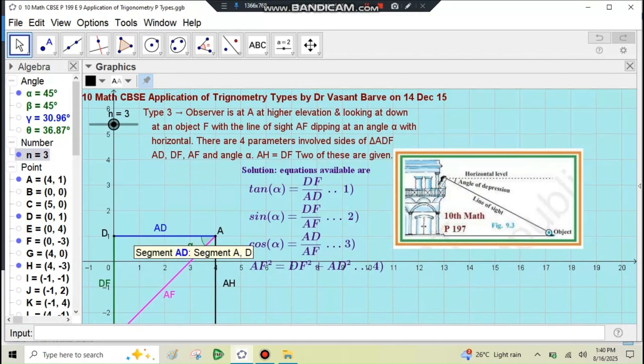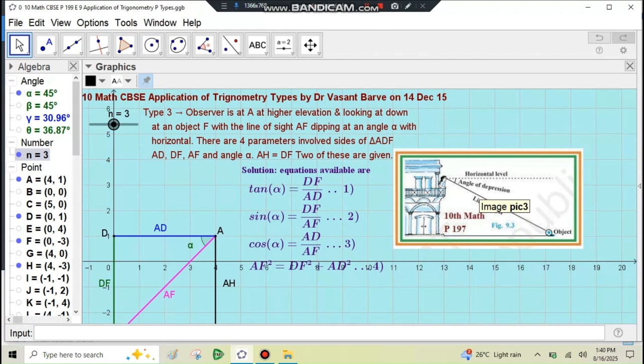Now here, instead, the observer is at a higher level. We know this height at which the observer is, and we know the angle of depression here.